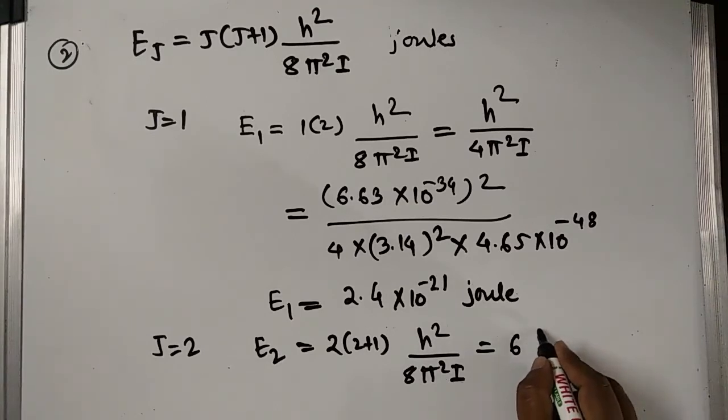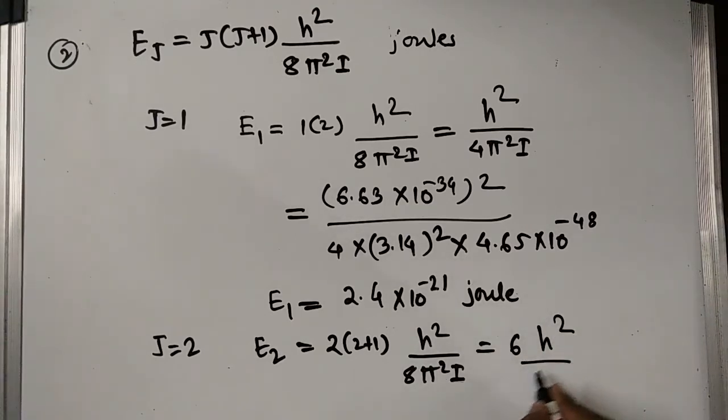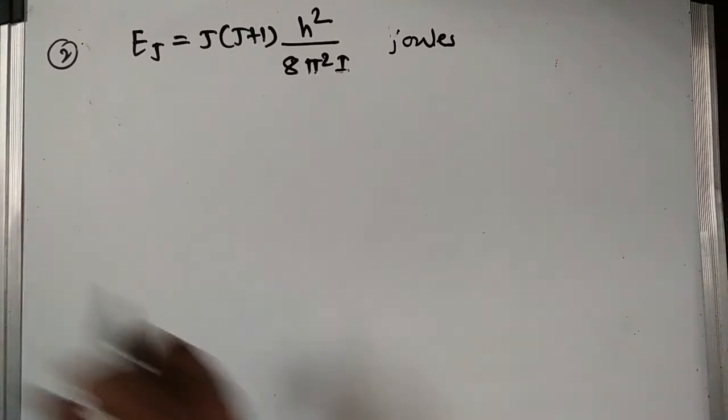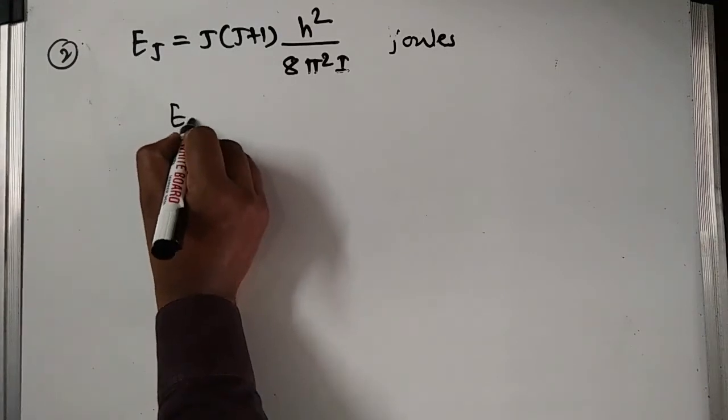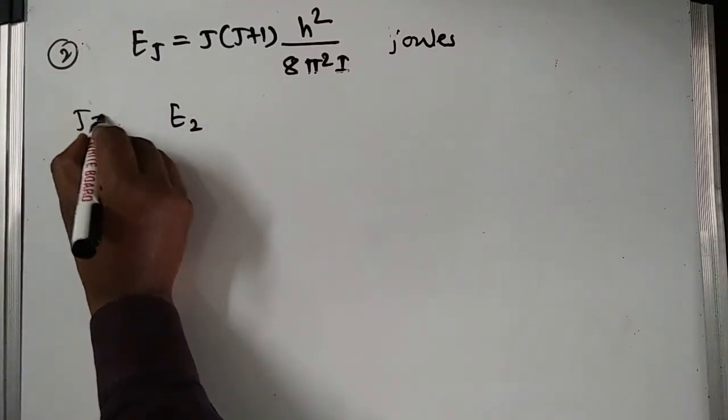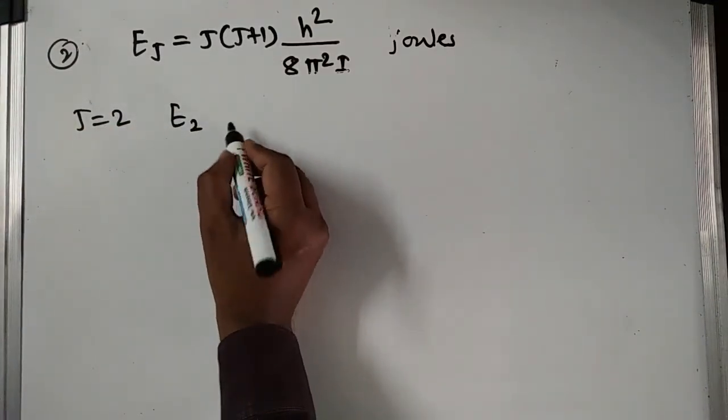So it is 6 h square upon 8 pi square I. Now by putting J is equal to 2, we will get E2, the second rotational energy level.